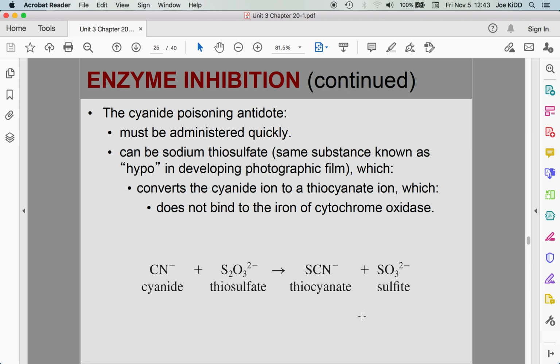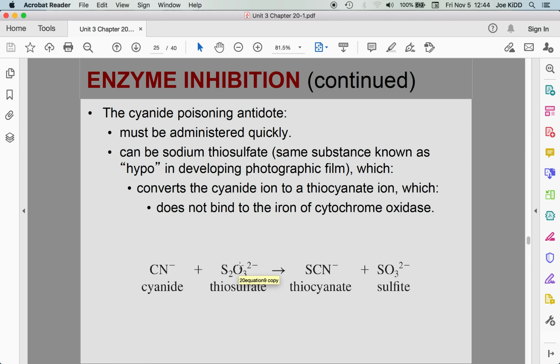The antidote works within minutes if there's enough of it, but it is possible, if exposed to cyanide, that we can use something called sodium thiosulfate. What it does is turn cyanide into thiocyanate, which then does not bind as tightly to the iron and allows it not to poison the cytochrome.